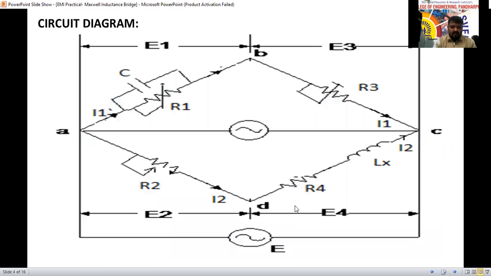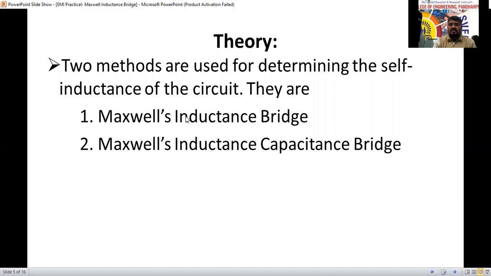The circuit diagram we are going to use is from the virtual lab. It is a Maxwell inductance and capacitance bridge. Maxwell bridges are classified into two types. This bridge we are going to use for the measurement of inductance only, but in combination with a capacitor also.